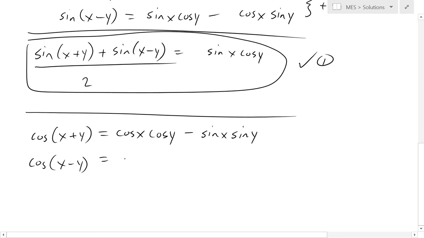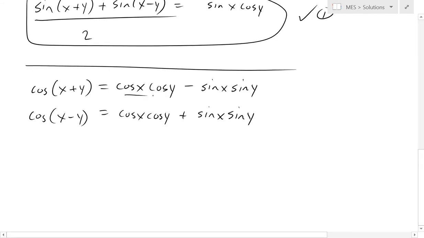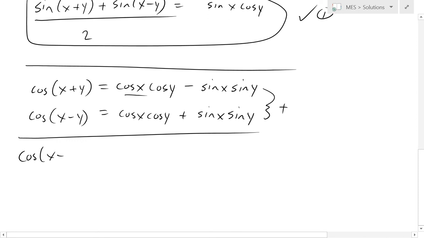This equals cos x cos y plus sine x sine y. And now this is what we want, so we add them up again, so this cancels. We're adding these up, so we'll get cos of x plus y plus cos of x minus y. This equals 2 cos x cos y.